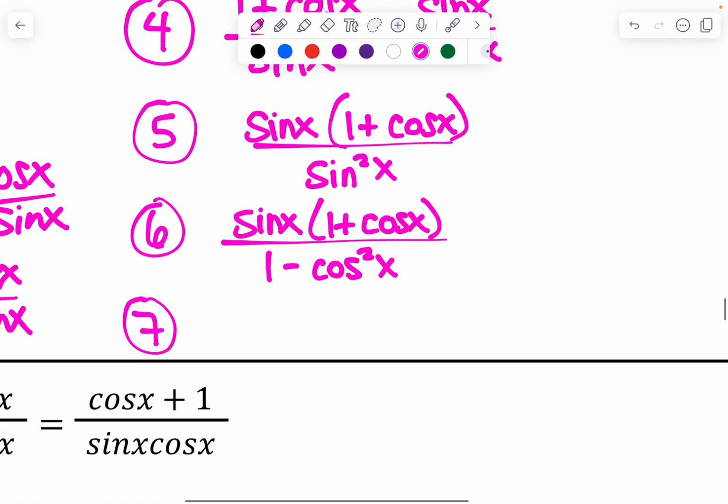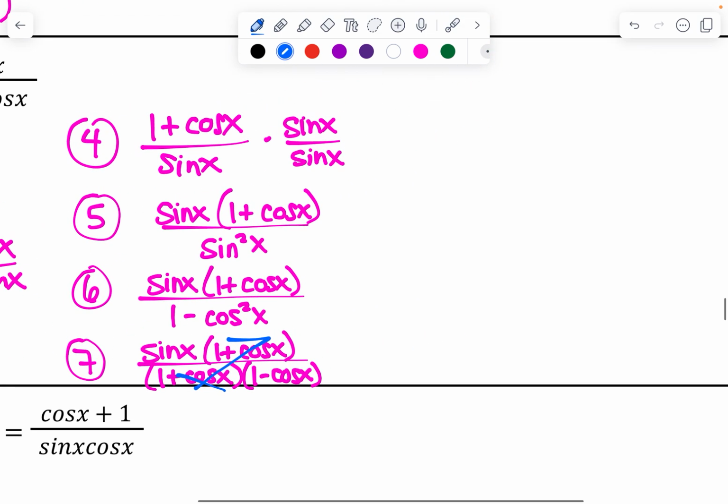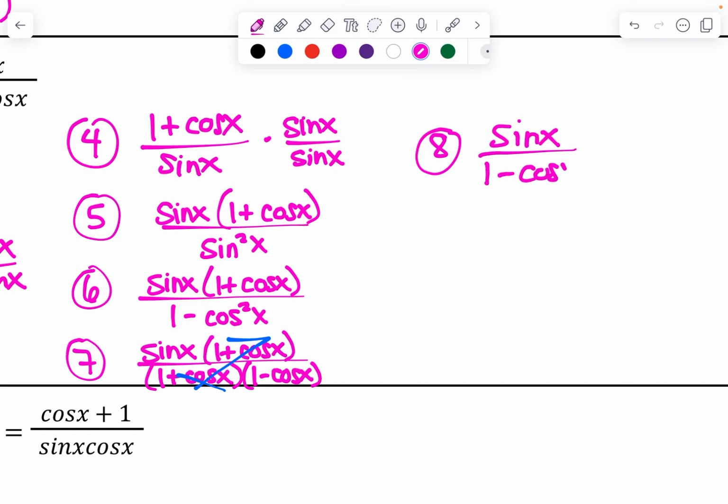And 1 minus cosine squared of x is a difference of squares, so I can factor it as 1 plus cosine of x times 1 minus cosine of x. And so then that divides out, and I am left with sine of x over 1 minus cosine of x, which is exactly what the right-hand side said.